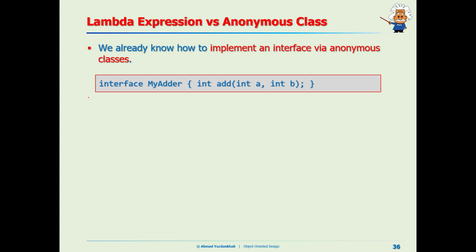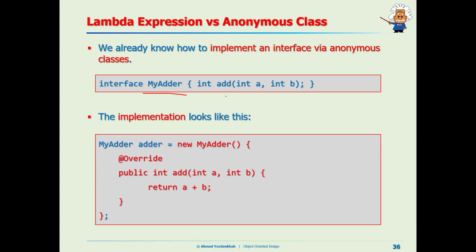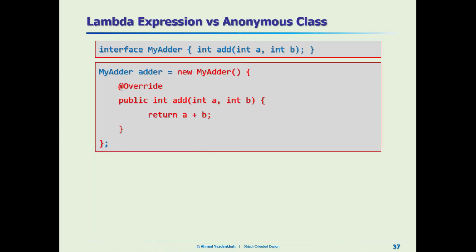All right. So if this is the interface here, the same myAdder, we learned how to implement that via an anonymous implementation. So this is the way that we implement on the fly as an anonymous class. Now we want to do the same thing with the lambda expression.